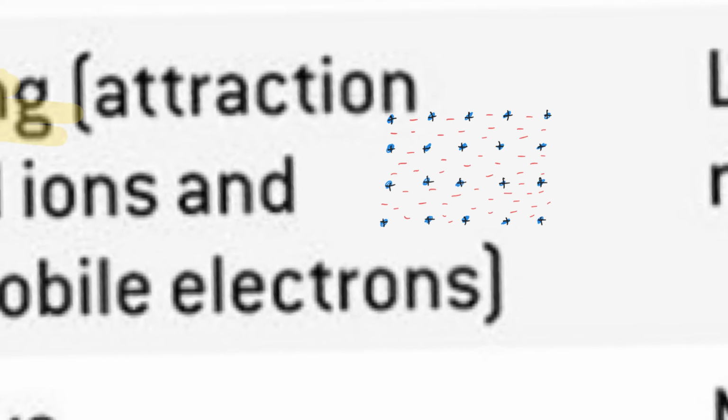Now, you also have to remember these nuclei are positively charged, all right? And so we have these positively charged nuclei that are organized in an orderly way, and then you have these electrons that are able to flow freely through this matrix of positively charged metal nuclei, okay? And so that's what this means.